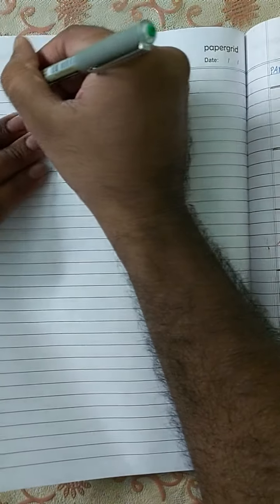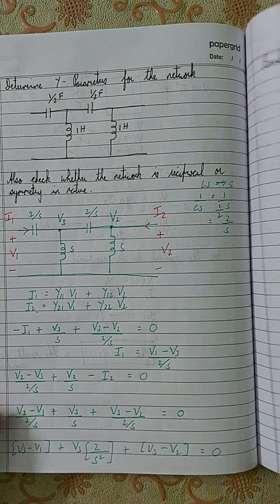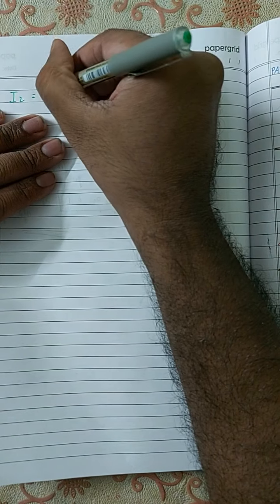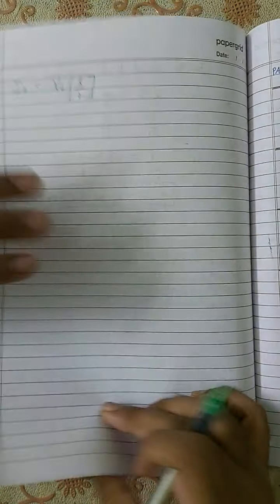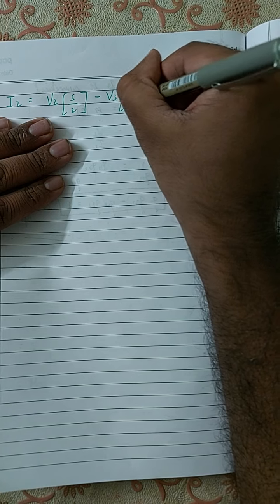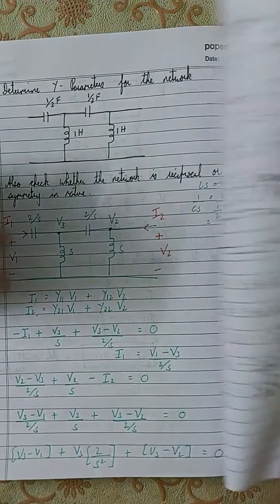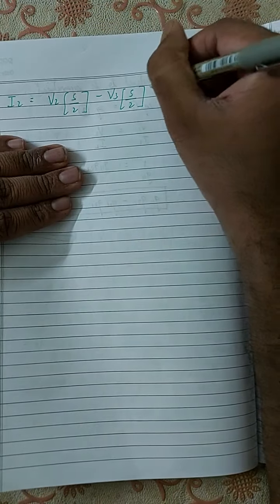We know that from here I2 is equal to v2 into s by 2 minus v3 into s by 2, plus v2 into 1 by s.